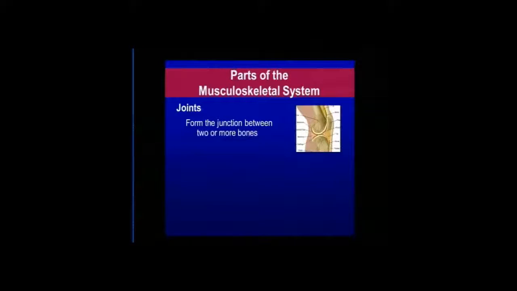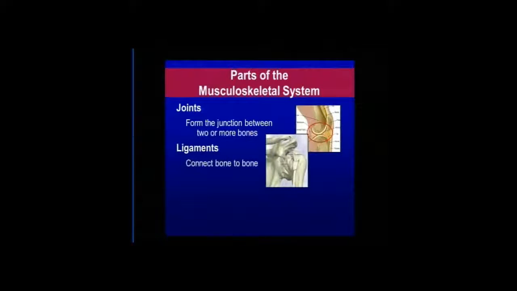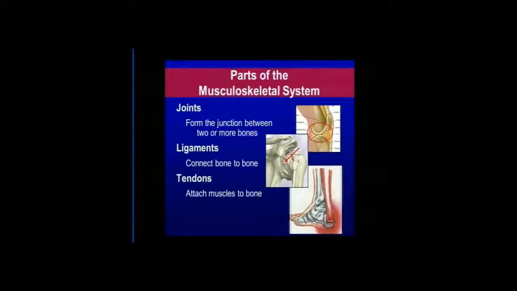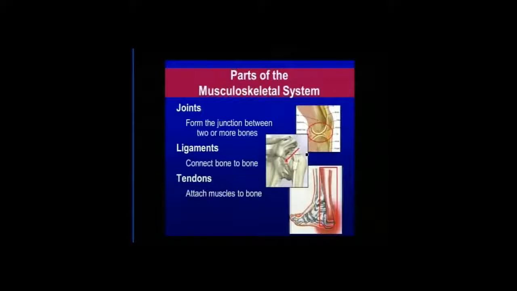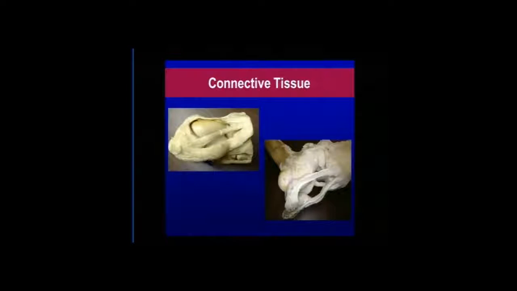There's cartilage around the bones. Here you can see where the cartilage is. And then there's ligaments that attach bone to bone. And then we'll have tendons which attach muscle to bone. And here we can see some of those structures.